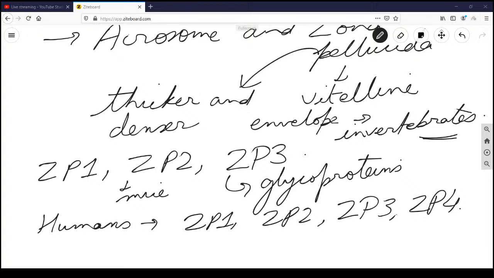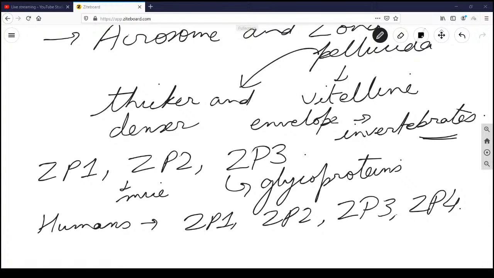The equatorial region means the junction between the inner acrosomal membrane and the sperm cell membrane. This is where the membrane fusion between sperm and egg begins. That is the equatorial region of the sperm.